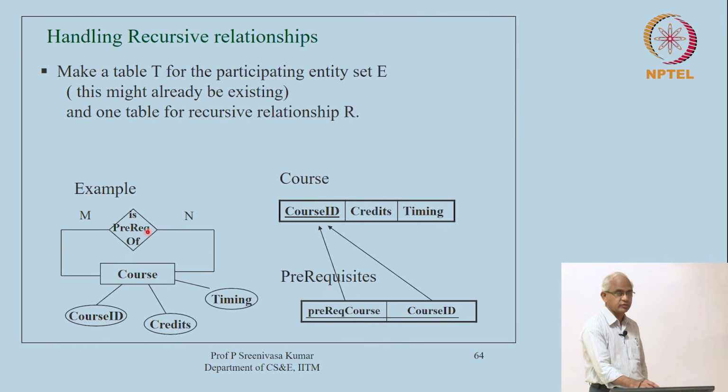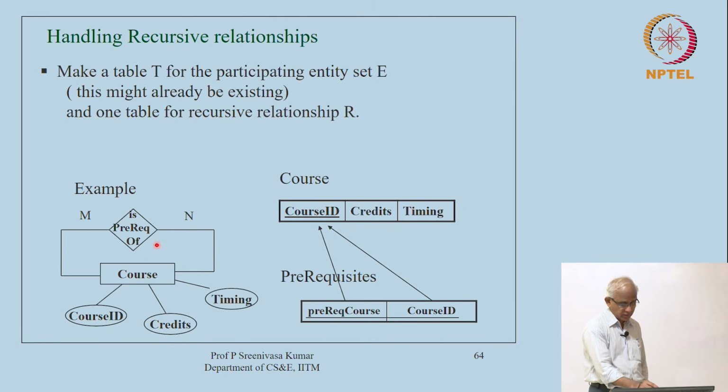Is prerequisite of is a recursive relationship involving course in two roles, once as a course, once as a prerequisite. So, course itself has course ID, credits, and the offering department. Course ID, credits, offering department, let us say.